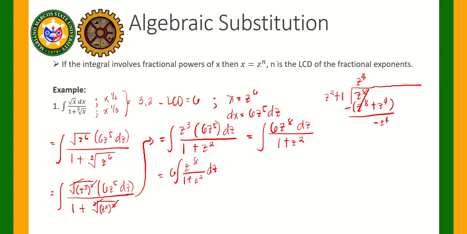Negative z raised to 4 divided by z squared, that is equal to negative z squared. And then z squared times z squared, that is negative z raised to 4. Tapos negative z squared. Then subtract ulit natin. This will cancel and bring down z squared. Z squared divided by z squared, that is positive 1.